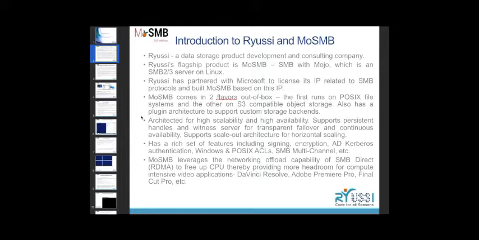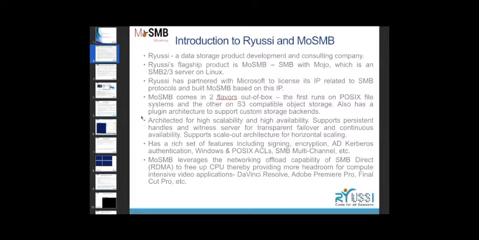The first runs on POSIX file systems like XFS, ZFS, and also distributed file systems like CephFS and MapRFS. The other works on S3-compatible object storage, such as Scality and MinIO.